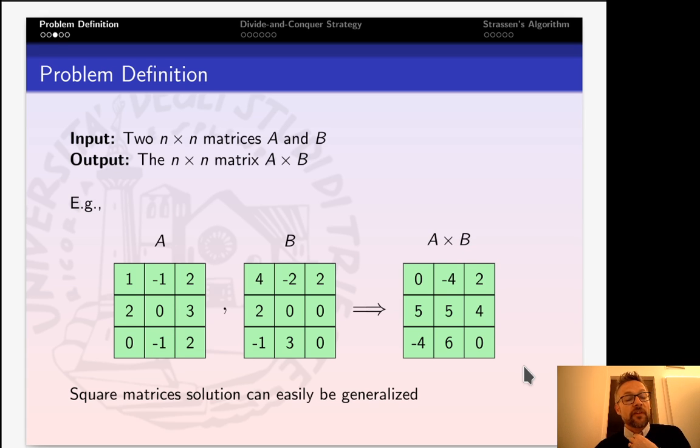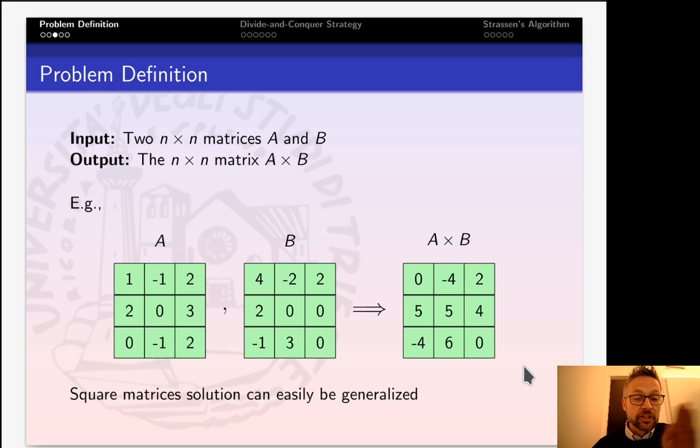So now that we know what I mean by A times B, we can define the problem. So let's take two matrices A and B. Please notice that we are taking two square matrices, so the number of rows and the number of columns should be the same. Okay, and by taking these two matrices whose sizes are the same, we want to end up with their multiplication.